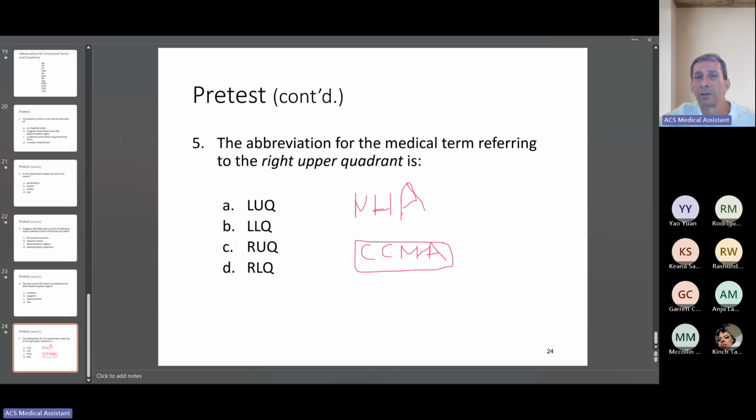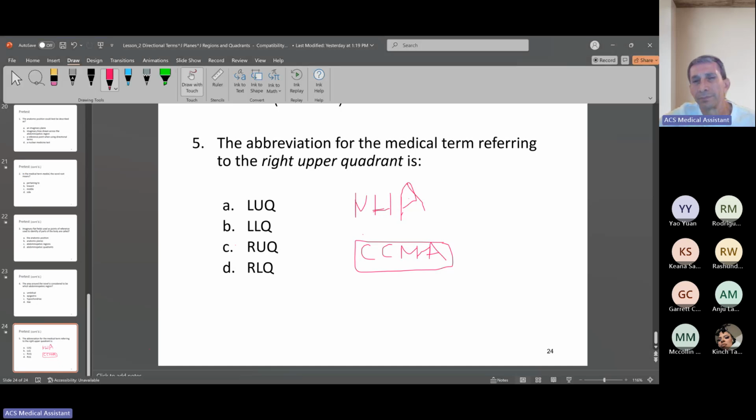But the ones from the NHA, the organization that gives you the test, are more likely what it's going to be. Not exactly, but they change the wording.